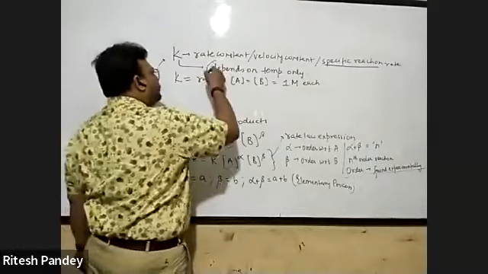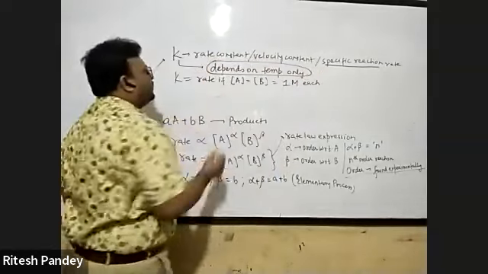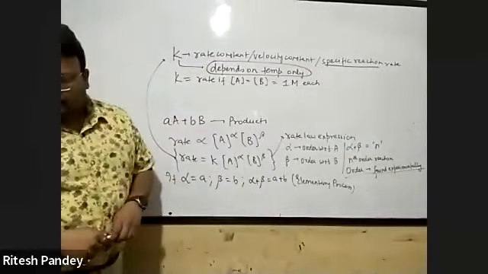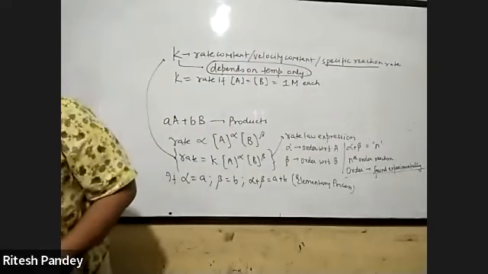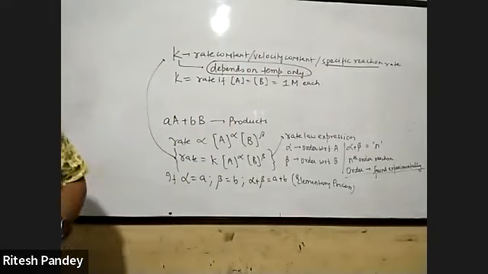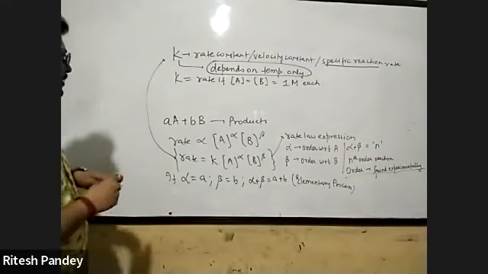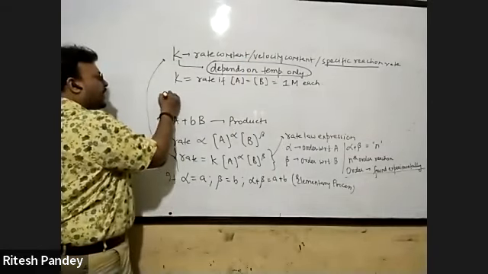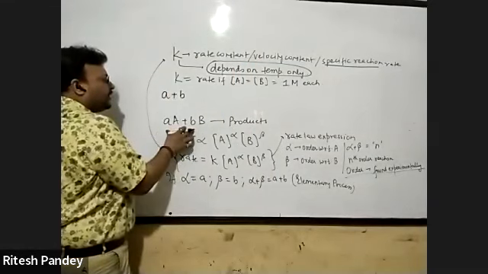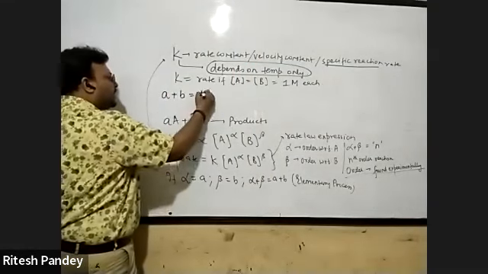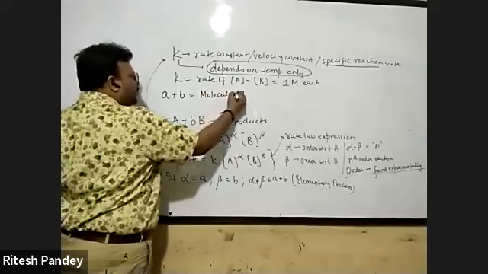It's a function of temperature only. A lot of things would become very, very obvious in due course, but a few things that you want to know about the rate law expression, like A and B, which are these stoichiometric coefficients, if these two are added, it's called the molecularity of the reaction.